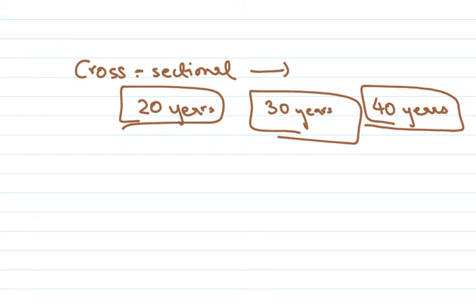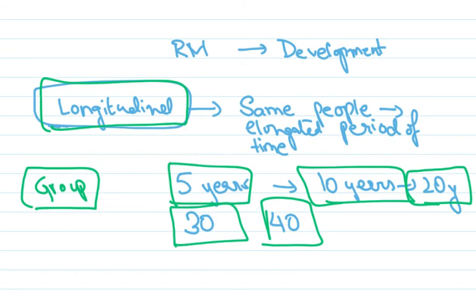That will give you some idea of how people who are 20 years differ from people who are 30 years, and how people who are 30 years differ from those who are 40 years of age. So this will tell you something about how people develop, even though you're not using the same group of individuals, and therefore you do not have the problem that you can no longer track down participants. Also, longitudinal research will take a lot of time.